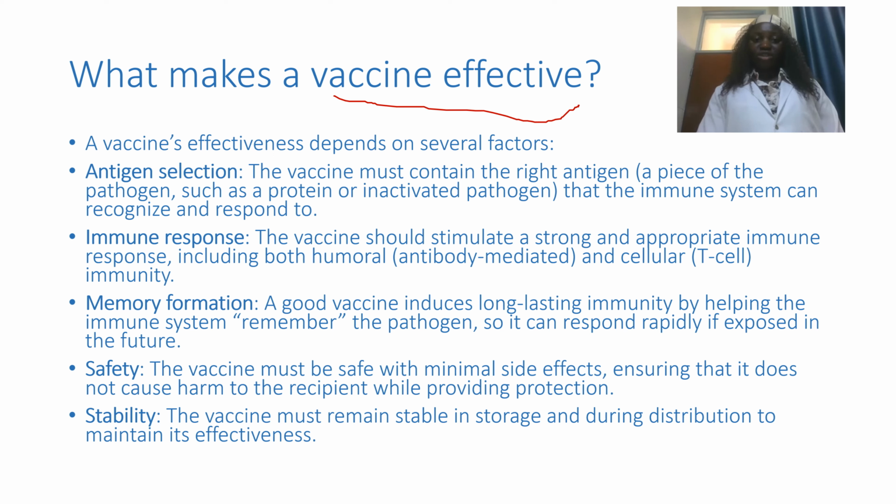Vaccine effectiveness depends on several factors. Number one is antigen selection. How you select your antigen? The vaccine must contain the right antigen, a piece of pathogen such as a protein, or an activated or inactivated pathogen, that the immune system can recognize and respond to.